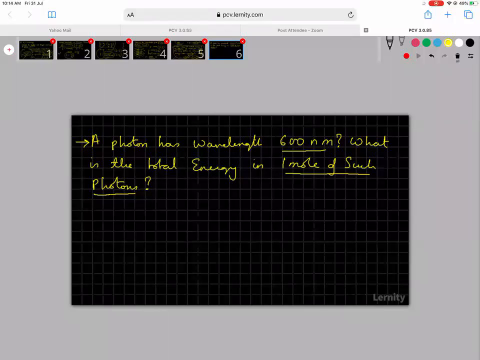A photon has wavelength of 600 nanometers. What is the total energy in 1 mole of such photons? Okay, so let me find out. So energy for each photon, it's hc by lambda. So that is 6.637 into 10 power minus 34 into 3 into 10 power 8 divided by 600 into 10 power minus 9.